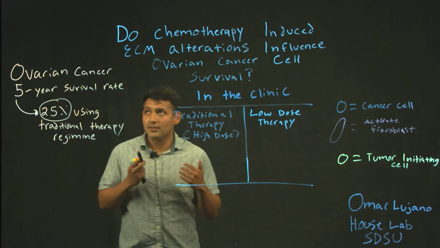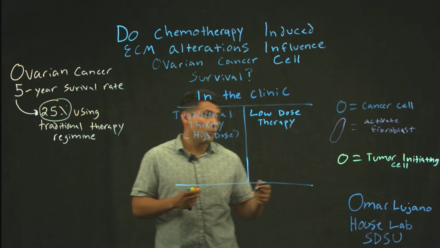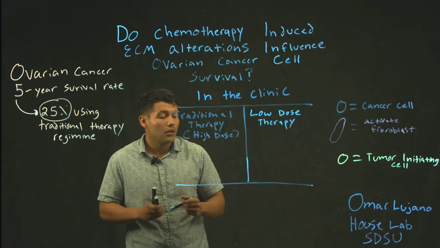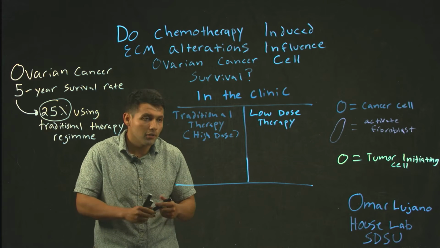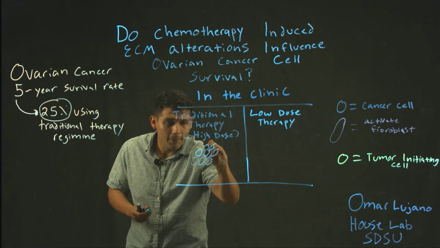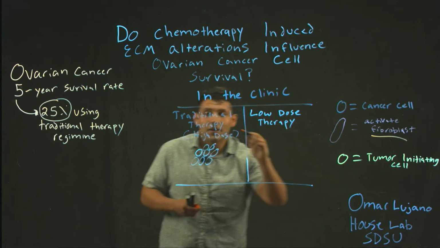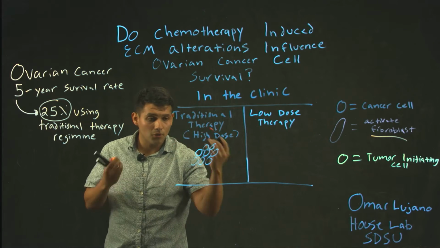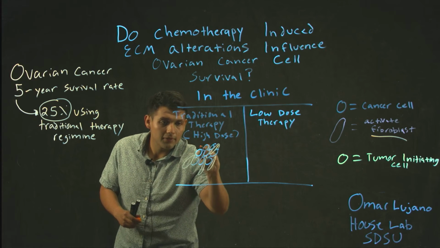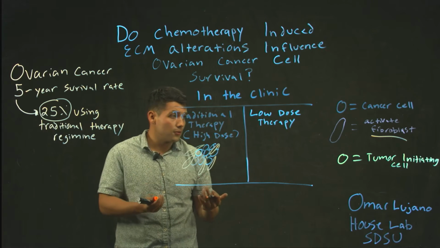And what we see in that situation, especially after looking at residual tumors, is a mixture of things, including a bulk population of cancer cells left over, depicted here. We also have activated fibroblasts, especially in this high-dose traditional therapy regimen, so we'll have a large proportion of these fibroblasts in the residual tumors.